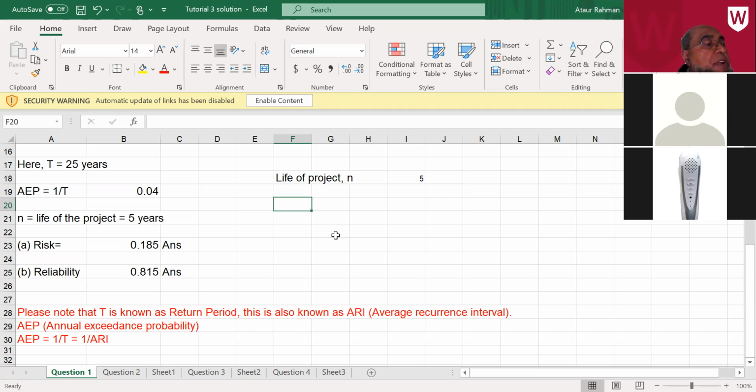And the return period that we have to consider in the design is 25 years. So T equals 25 years.